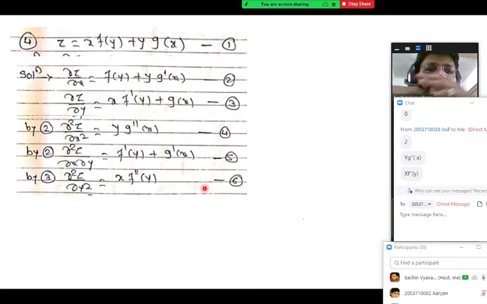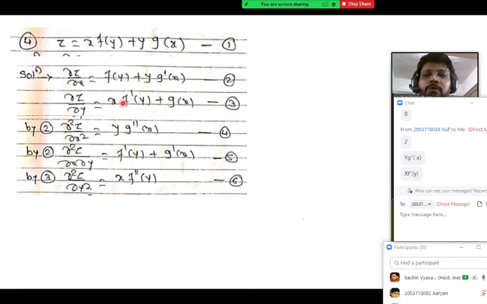You can see here the original equation 1, then these three.